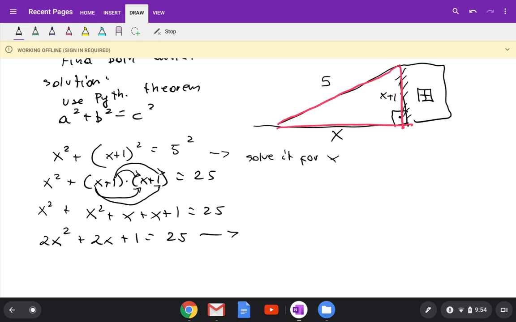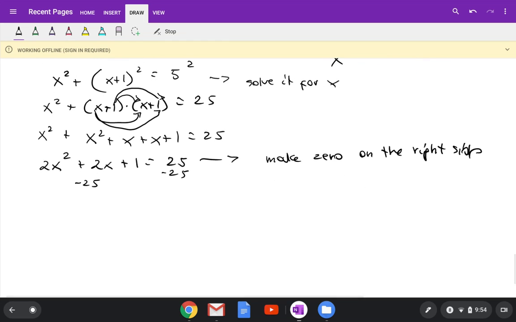You're solving a quadratic equation, so you always have to make 0 on the right side. So I'm subtracting 25 from both sides, and that gives you 2x squared plus 2x plus 1 minus 25, which gives you negative 24, equals 0.